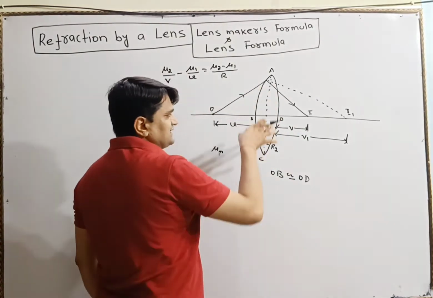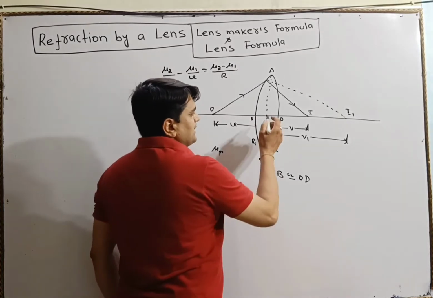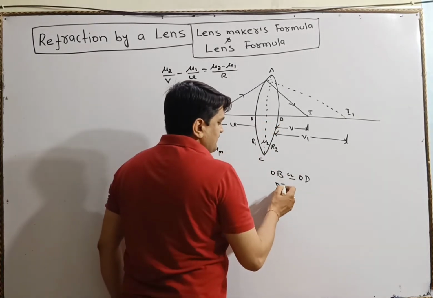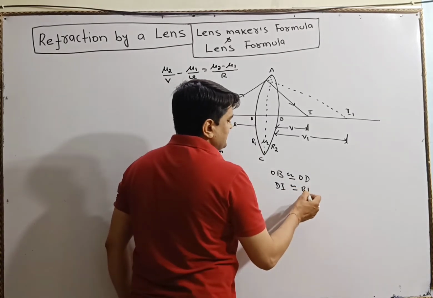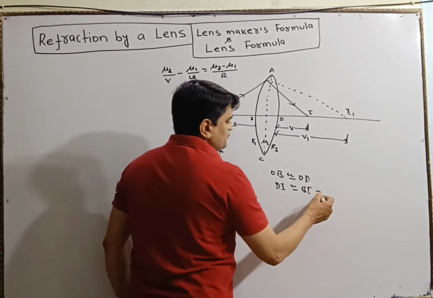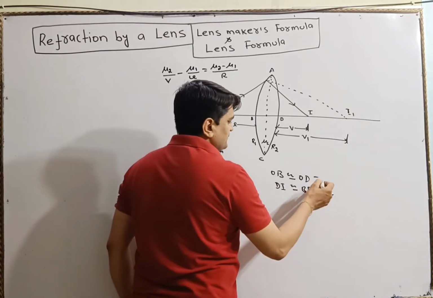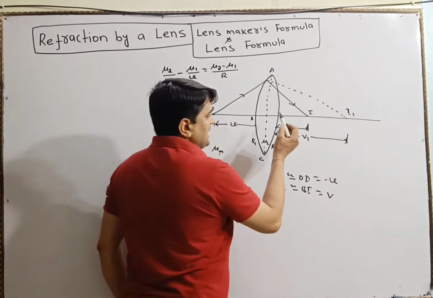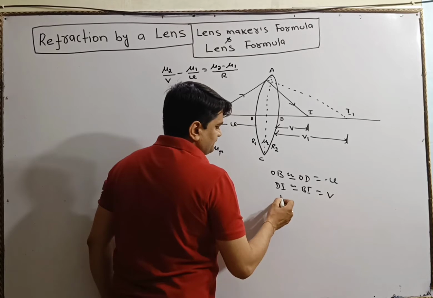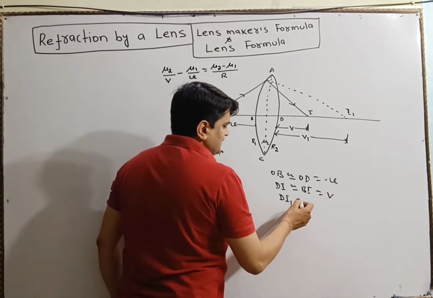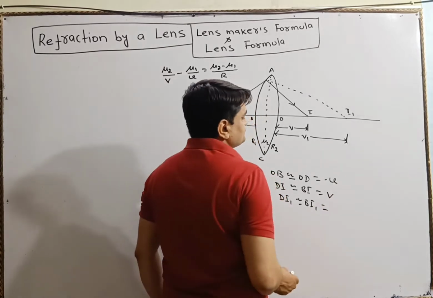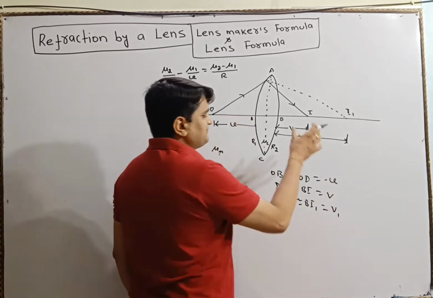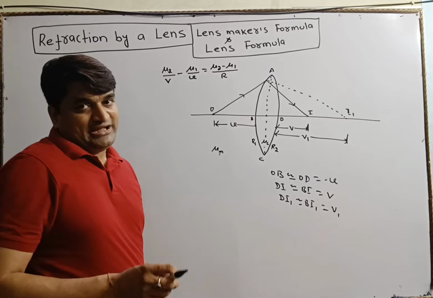It is a thin lens. DI can be treated as BI, and that will be equal to V. This will be equal to minus U, and DI1 is approximately equal to BI1, and that is equal to V1. We have taken the values.